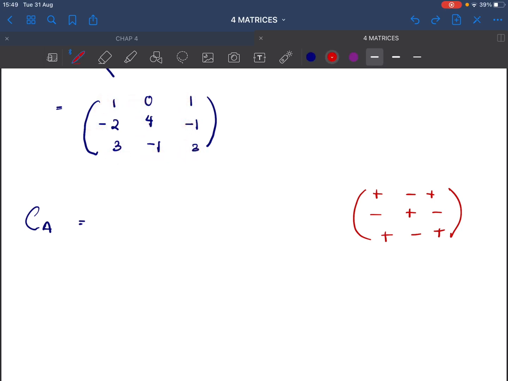Okay, so basically we just add the sign. So here for 1 we get positive 1, so positive. So negative 0 is still 0, positive 1.